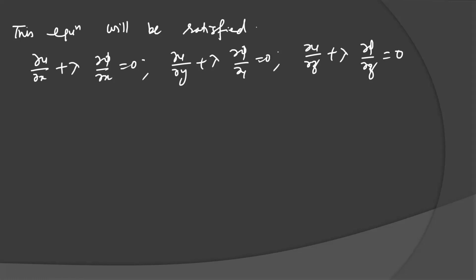For finding the values of lambda and x, y, z, we will use the given relation. Call these 5, 6, 7. These are three very important equations.